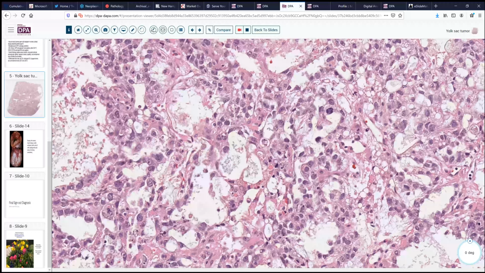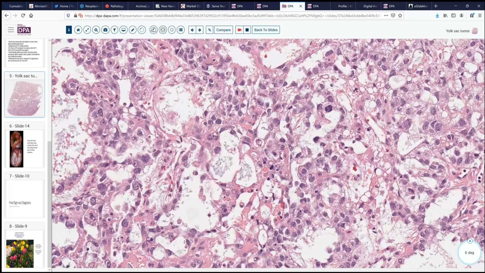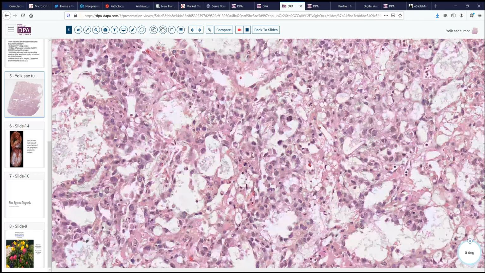But it also helps us to highlight another feature of this tumor, which can be useful, and that is the presence of hyaline droplets. Here you see one of these eosinophilic hyaline droplets right in the center of the screen, sometimes in other locations. These can be both cytoplasmic and occasionally extracytoplasmic as well.